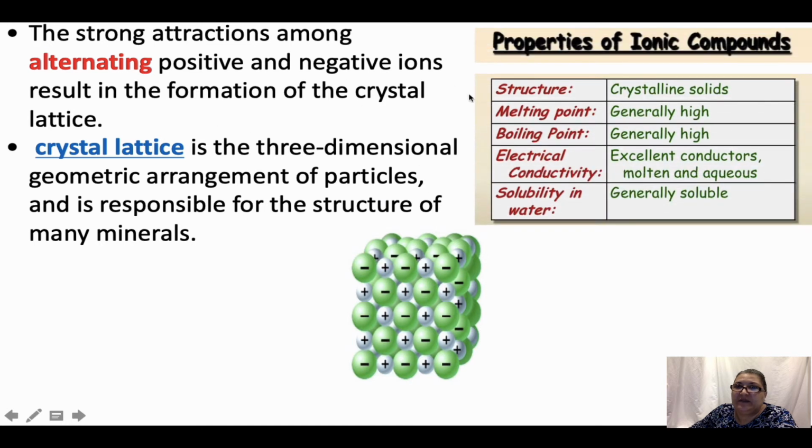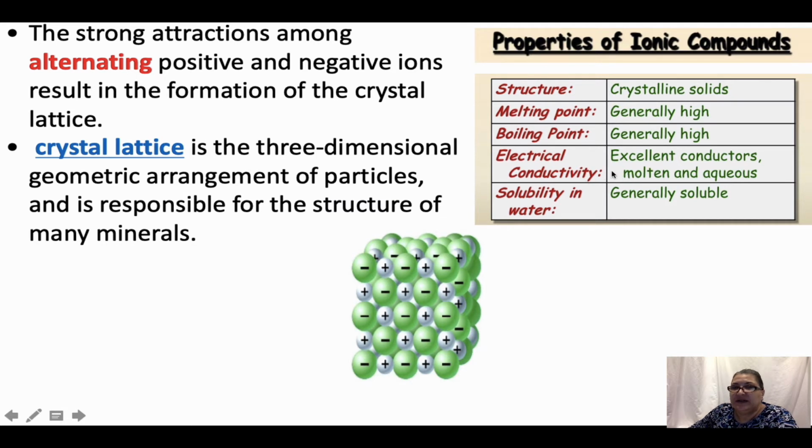Due to that structure, ionic bonds are very strong, and they form crystalline solids. They usually have high melting points and high boiling points, because of the strong attraction between the ions.